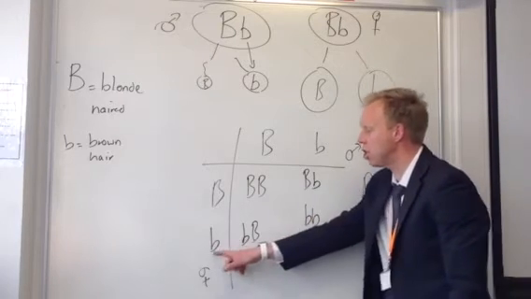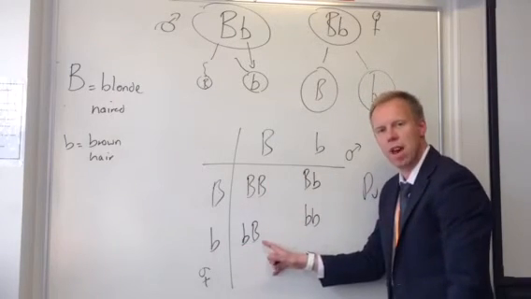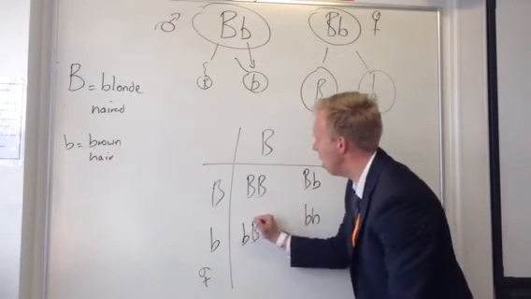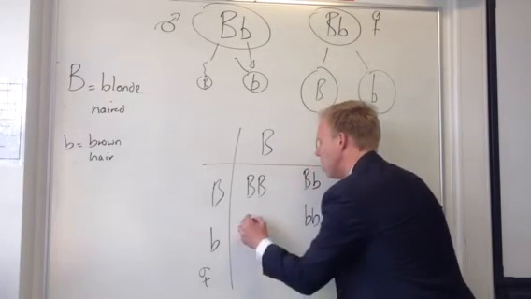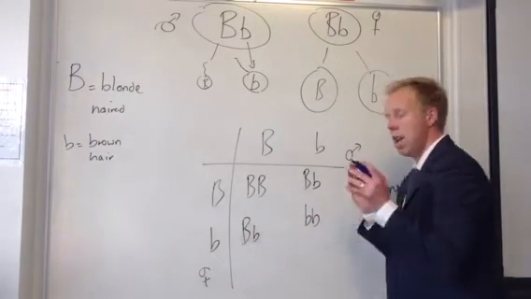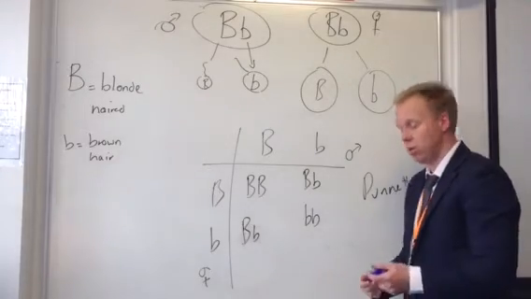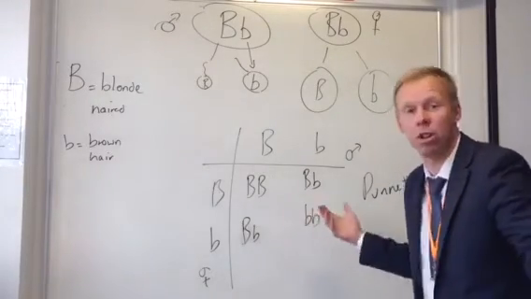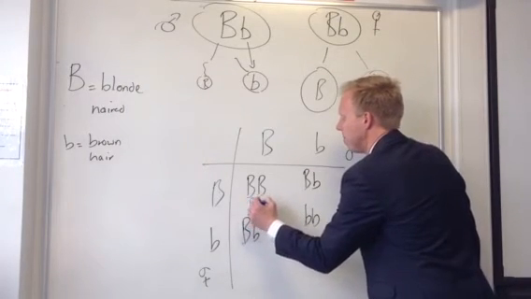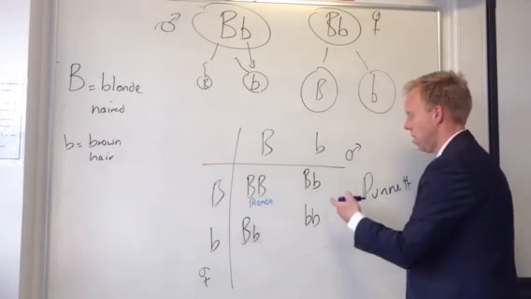Please be aware, I'm trying to show you that this has come from there, but we don't show it that way around in biology. We always go for the dominant allele first. Now we've talked about genotypes, we need to look at the phenotypes, what they will look like. Blonde. Blonde.